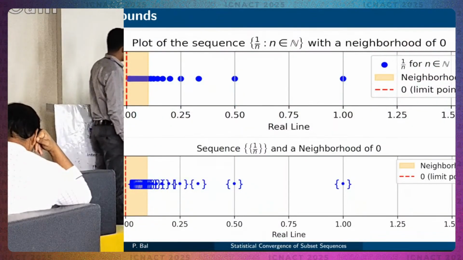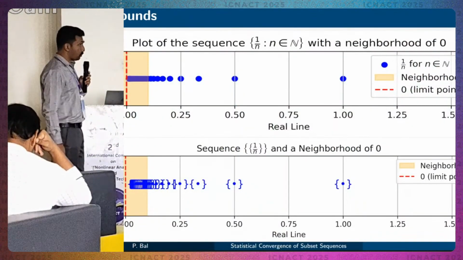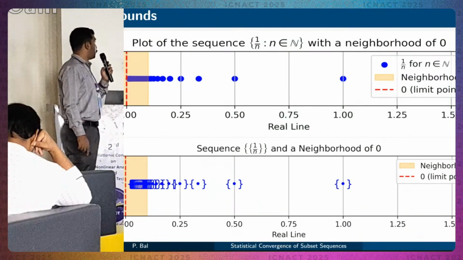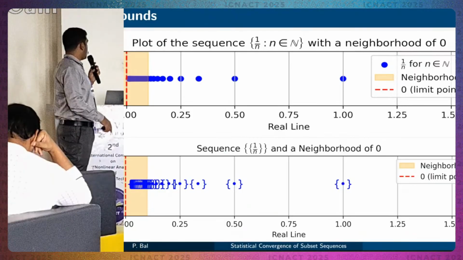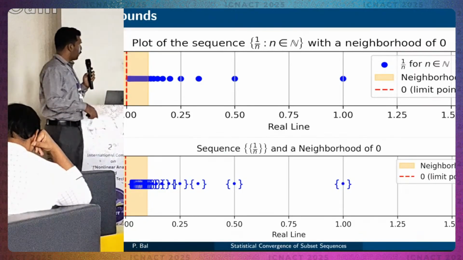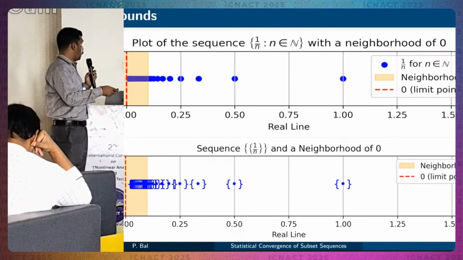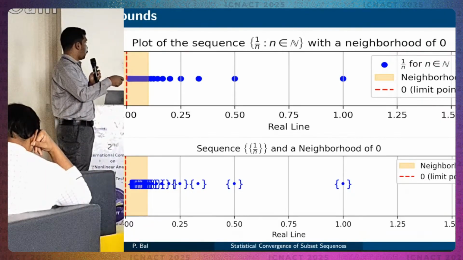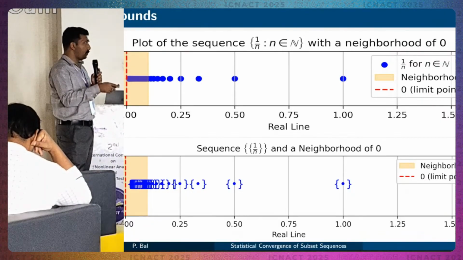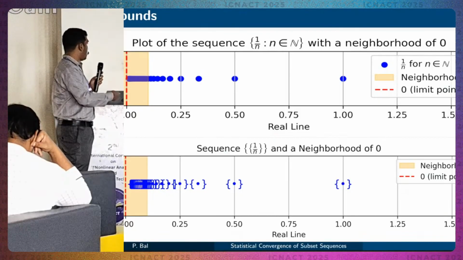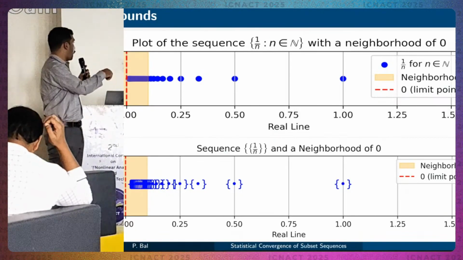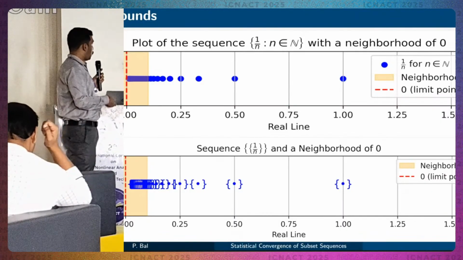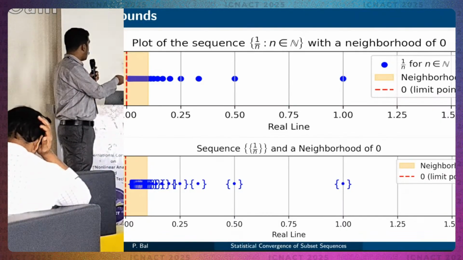But if we take the sequence 1 by n, the question is, does not the sequence of singletons containing the point 1 by n converge to the set containing the singleton 0? Yes.